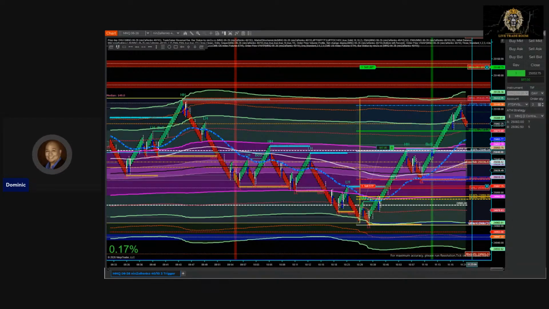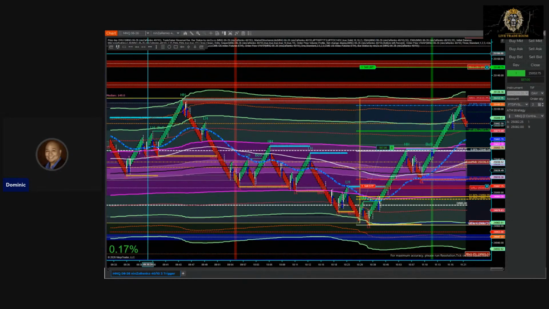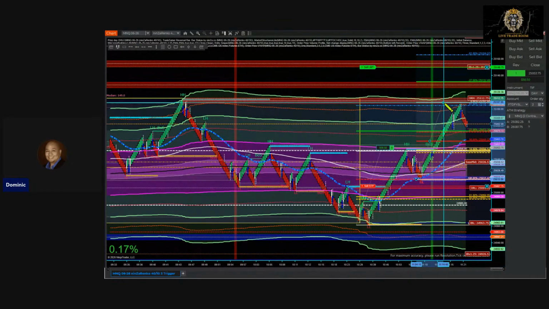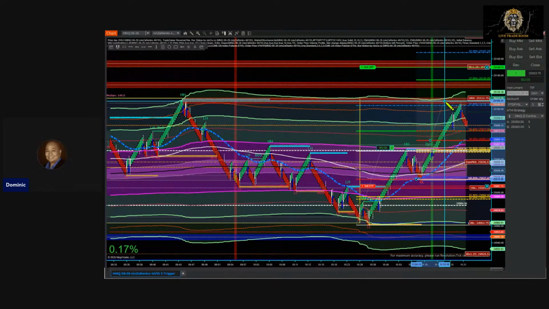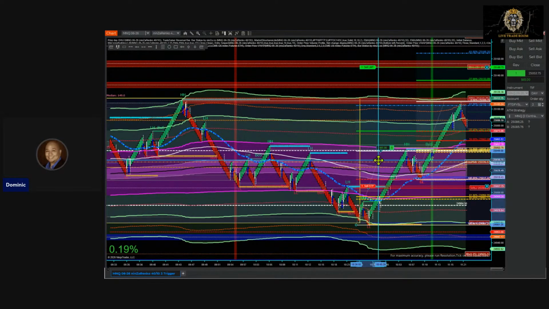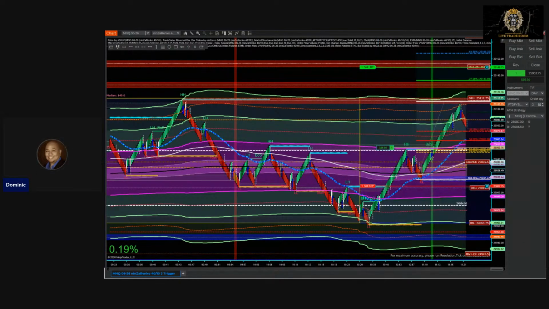Okay, so now we have the pullback here. So what we want to do is extend this now because it's pulling back, right? So we got to the top here. So the extension would be probably here, but I like that 1.25. That looks good. So we reach this one. So let's go to the second wave. That's the second wave.